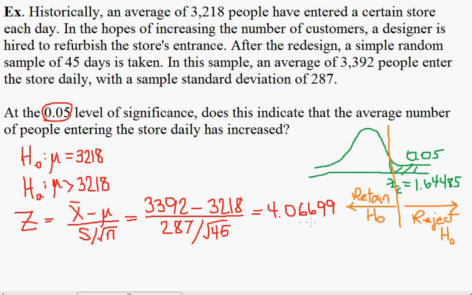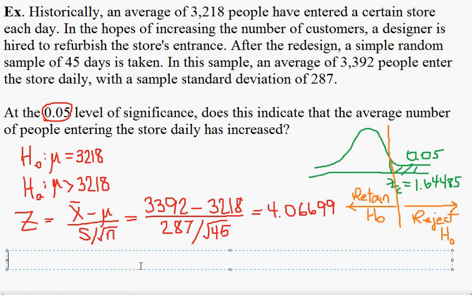So in our case, we have 4.0669 that clearly falls in the rejection region, and so our decision will be to reject the null hypothesis. And so let me go ahead and type that in. So our decision is that we reject the null hypothesis. Then we state the conclusion in words.